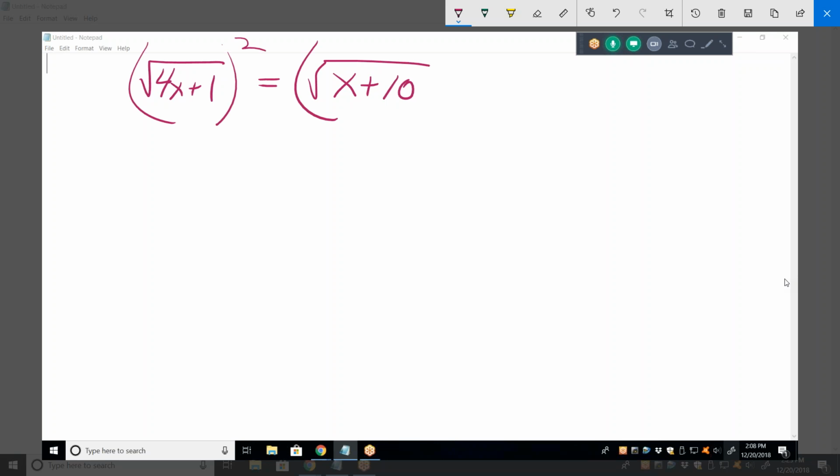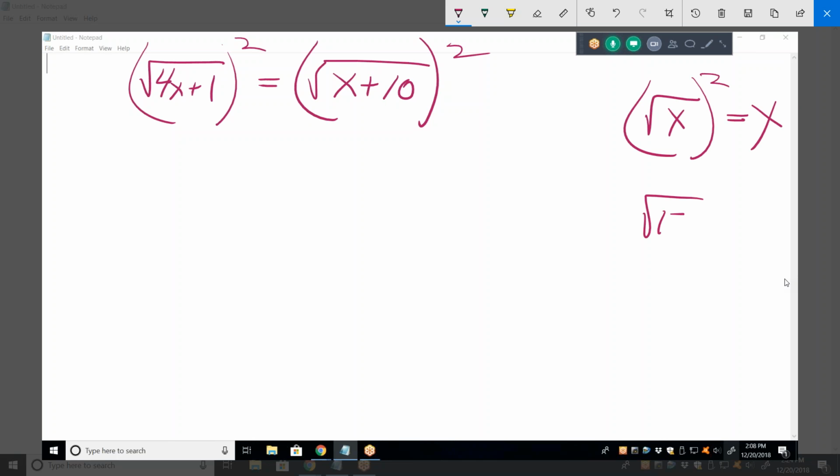You're squaring both sides. Well, whenever you take the square root of x and you square it, you get x. Always, no matter what it is. If it's the square root of 17 squared, that's 17.